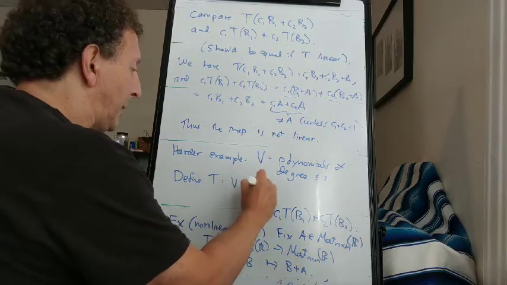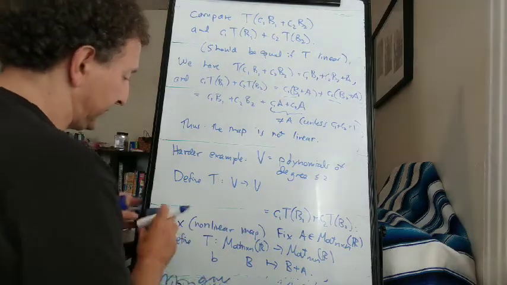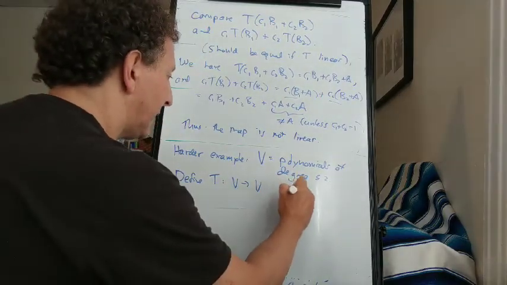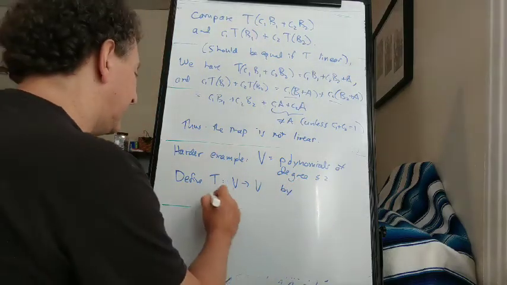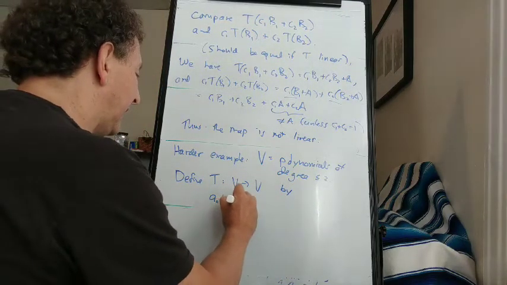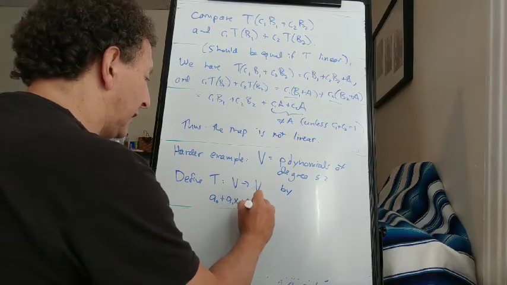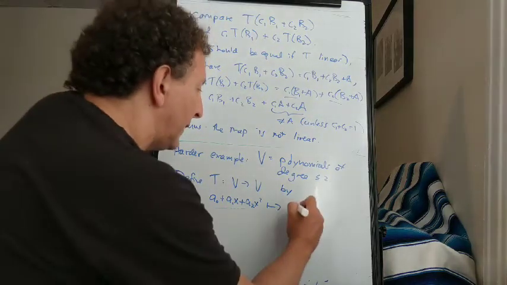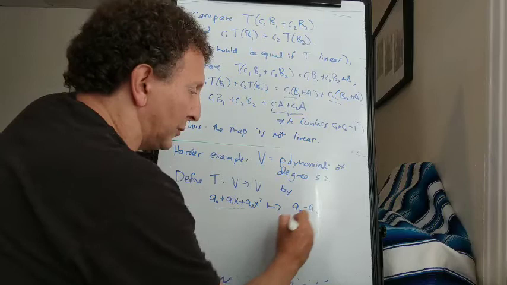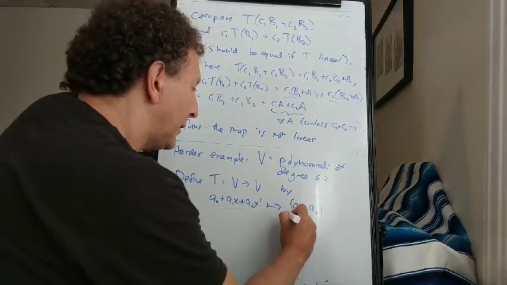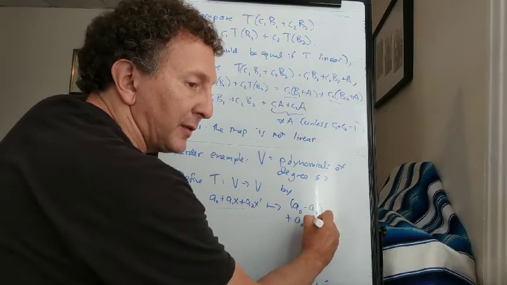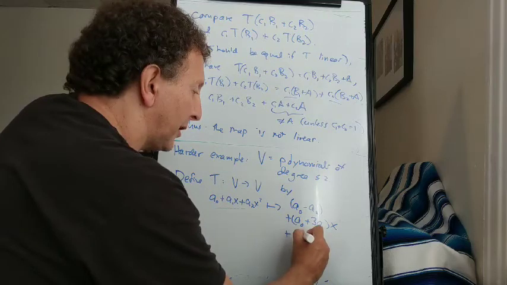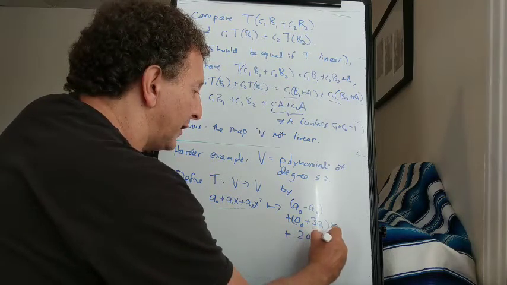We'll define a map from V to itself by sending a0 plus a1x plus a2x squared, so that's our typical polynomial of degree at most 2, to a0 minus a2 plus a0 plus 3a1x plus 2a0 x squared.